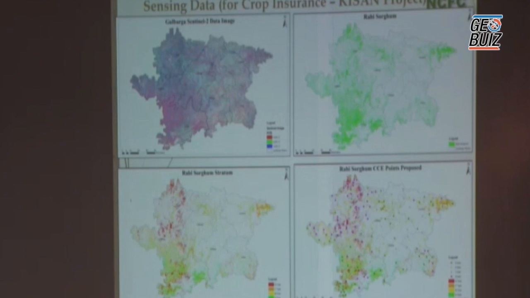At present the crop cutting experiments are carried out conventionally by taking taluks or blocks as a stratum, which are administrative units but don't take care of the current crop situation. So we are trying this, and because of the success of this kind of programs, the government's recently launched Pradhan Mantri Fasal Bima Yojana has made technology use mandatory. So we have to do a lot of work, and the whole remote sensing agriculture community has to do a lot of work to come up to the level expected from the Pradhan Mantri Fasal Bima Yojana.